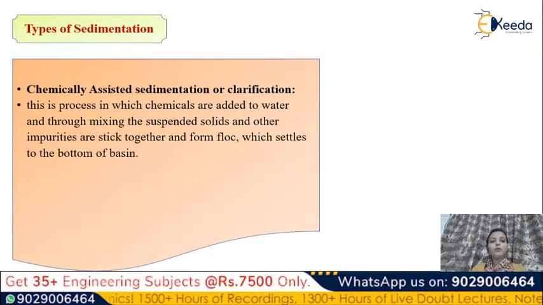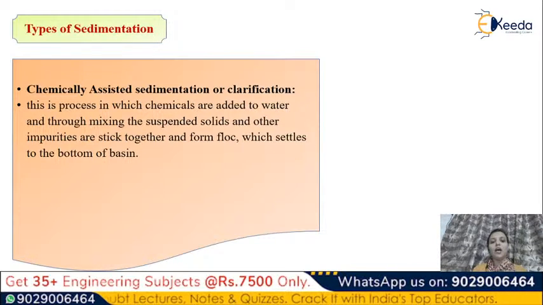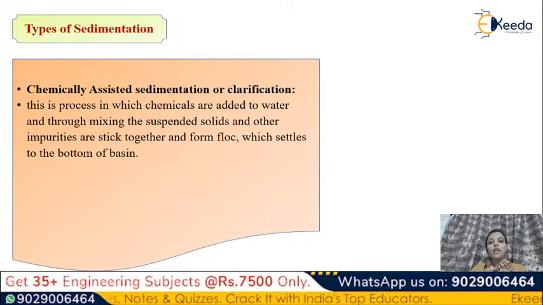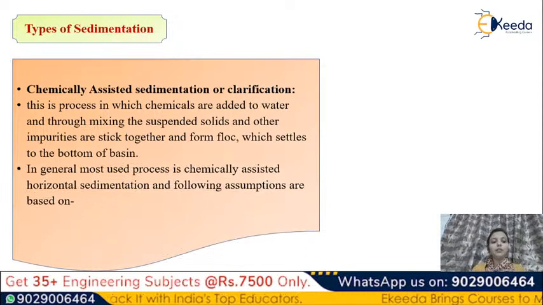This is the process in which chemicals are added to the water and thorough mixing is done, and the suspended solids and other impurities stick together and form the floc. That floc will settle down at the bottom of the secondary sedimentation basin.